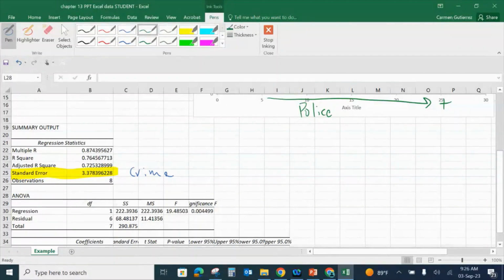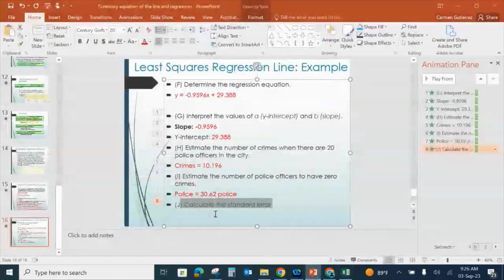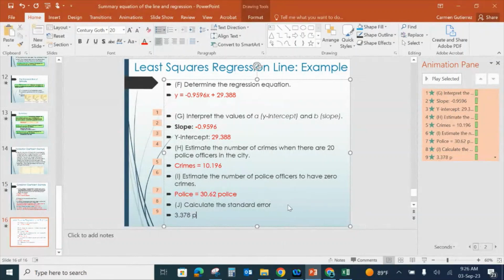Because I'm doing this only with 8 data points, 8 cities, the estimate error is 3.378, in the same units as the y-axis, which is correct. For example, if the answer for this was 10, it's like plus or minus 3.37.